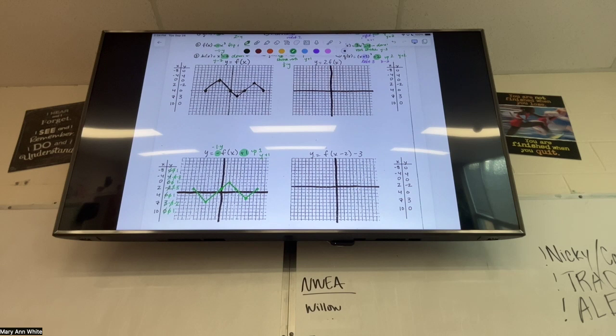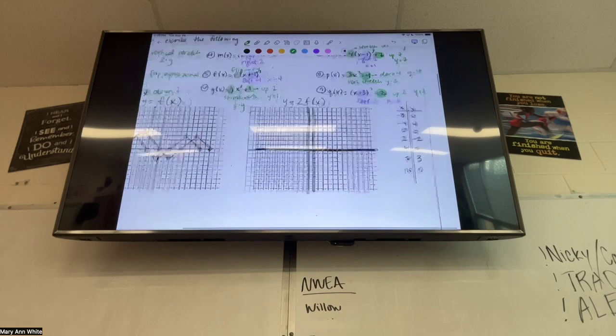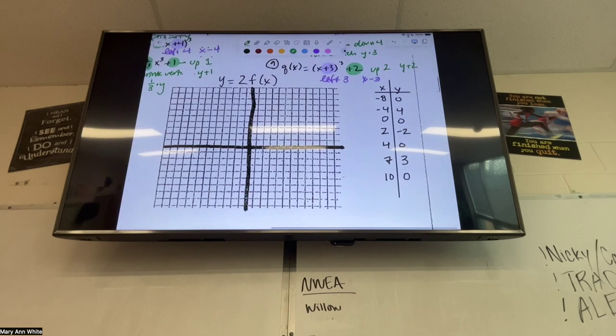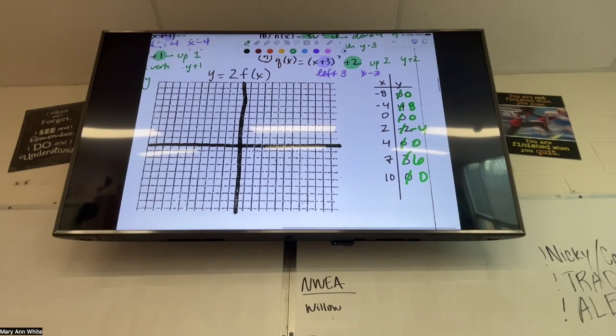Top, bottom. I mean, the top, all we're doing is what? Multiply all my y's by 2. Probably skate through both of them. Nothing is being done to my x's, so I just multiply all those y's by 2 and then I graph them.